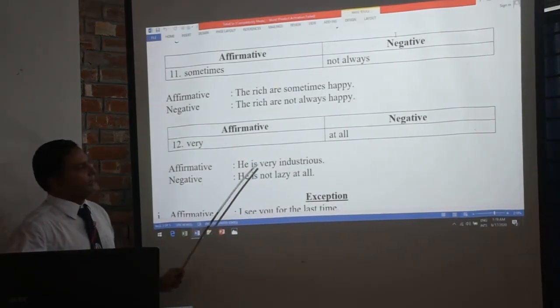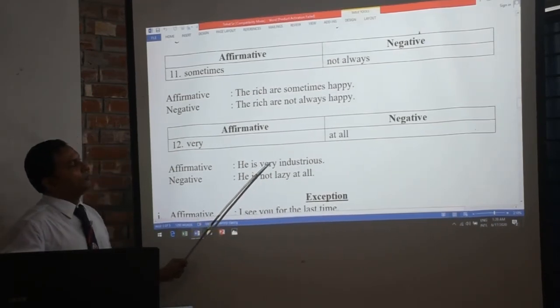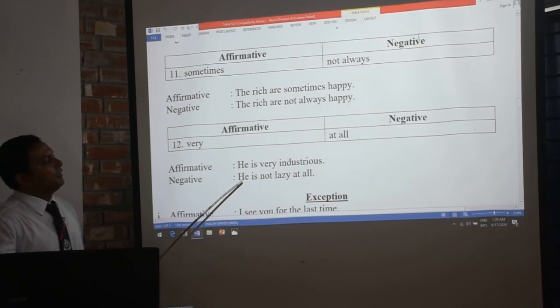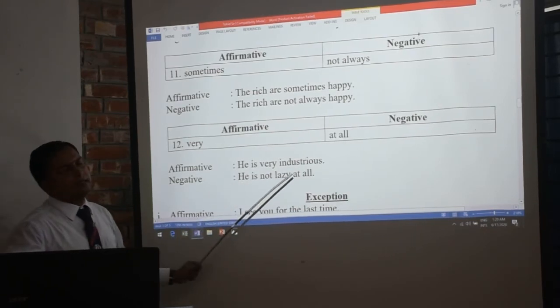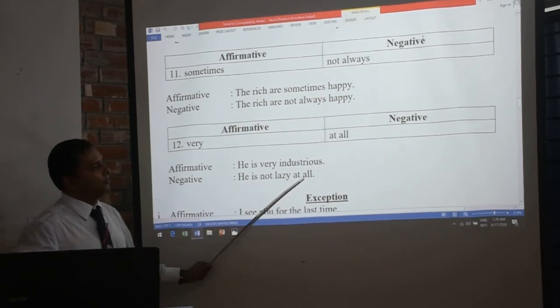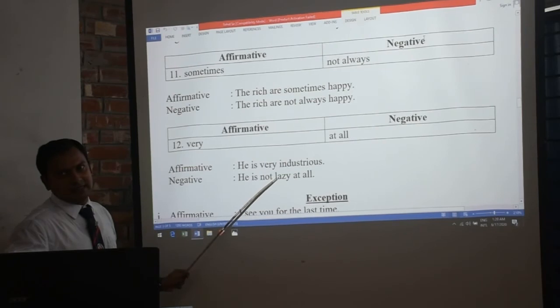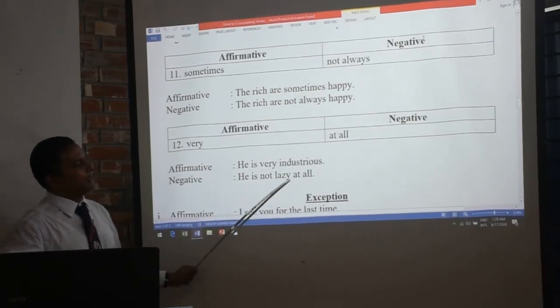So we have to use at all for the word very. Very can be used anywhere in the sentence, but you have to use at all at the end of the sentence. He is not lazy at all. You cannot use he is not at all lazy. You must use he is not lazy at all.